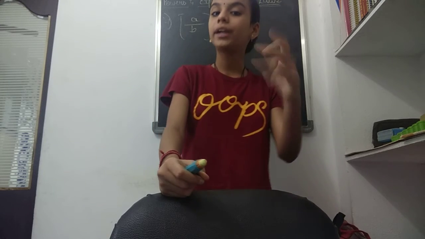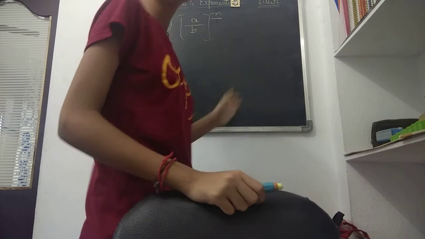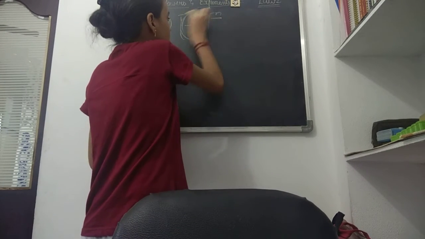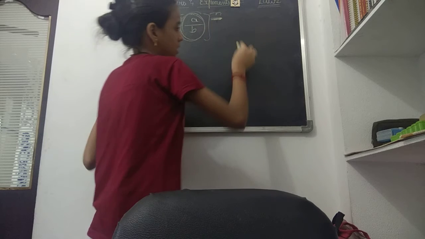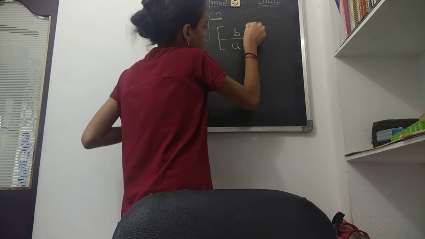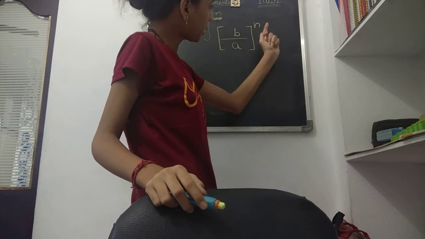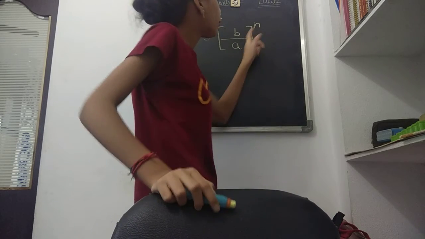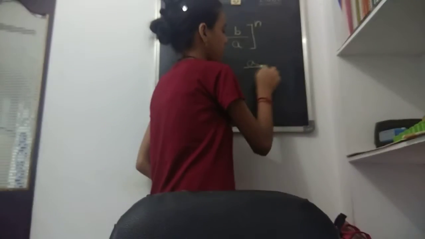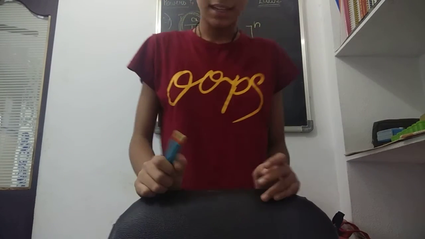So to make this power positive, you have to take its reciprocal. It is (b by a) to the power of n. After taking the reciprocal, it becomes positive. If you have to make it negative, you write (a by b)^n, again take the reciprocal and write it as minus n.